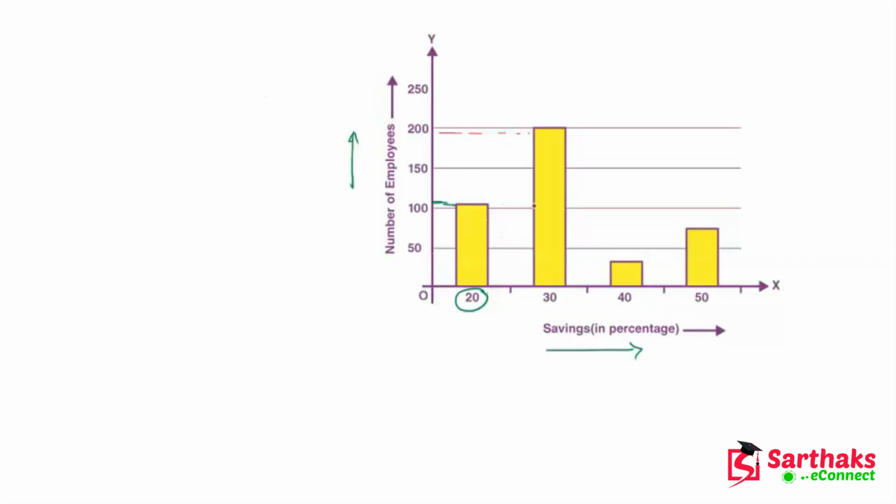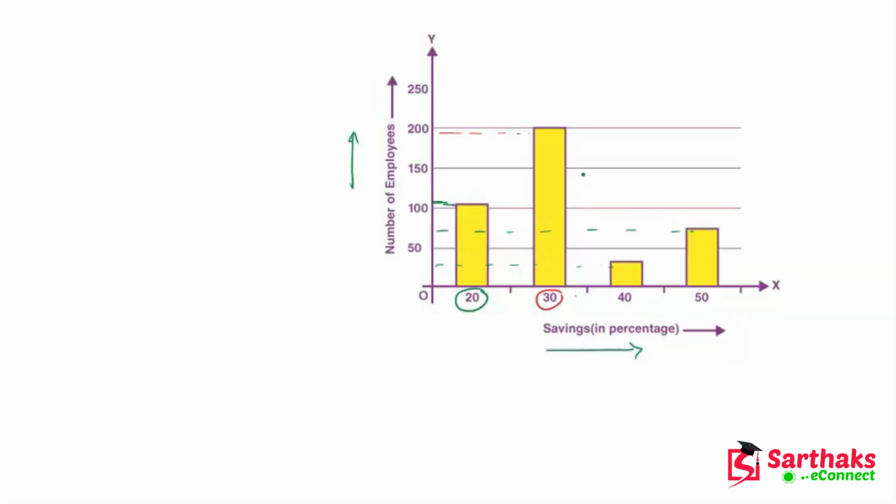Here 199 employees having the saving 30%. Okay, 29 employees. I hope you understand these things. So 73 employees having the saving 50%. Okay, so this is the bar graph.